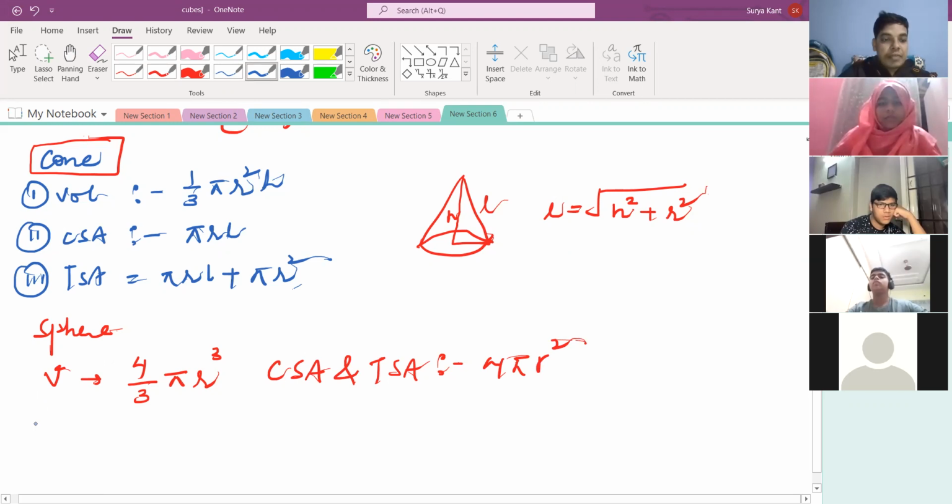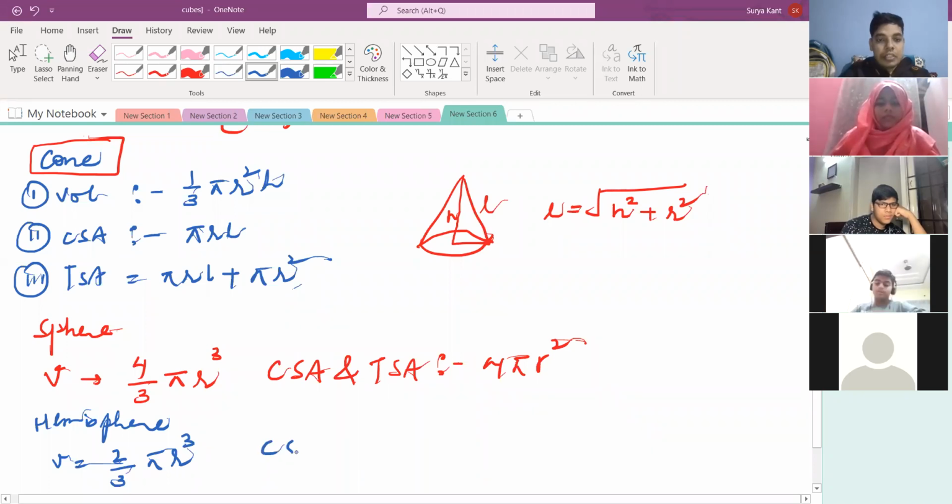Then if you see hemisphere, volume is 2/3 pi r cube. CSA is 2 pi r square. And TSA is 3 pi r square.